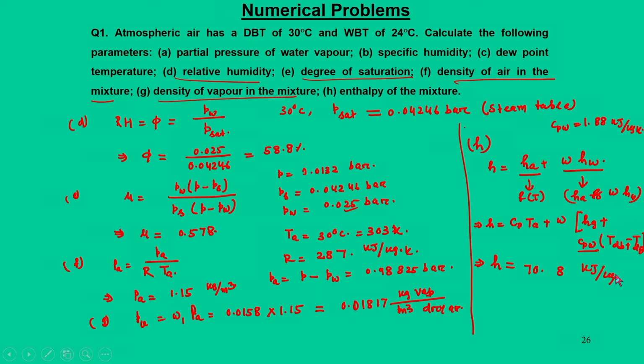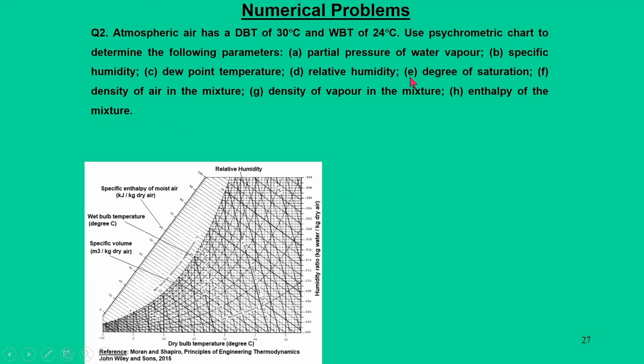So, this particular problem gives you entire information for a given state, that is 30 degree centigrade and 24 degree centigrade. So, the next problem is, for the same problem we want to use the psychrometric chart. So, first, 30 degree centigrade, somewhere here, and 24 degree wet bulb temperature.